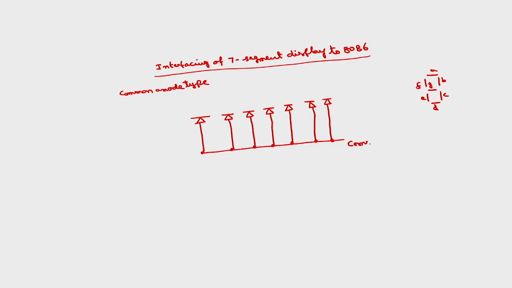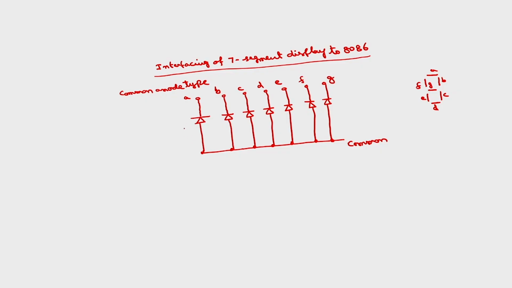This is called common, and each segment is connected to one particular pin. This is A, this is B, this is C, this is D, this is E, this is F, this is G.